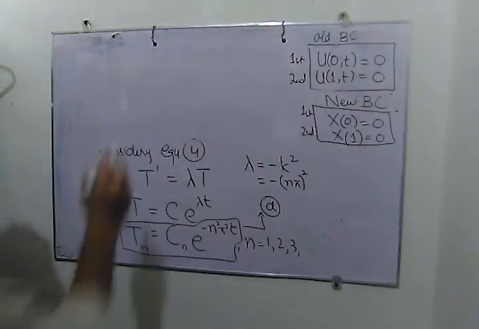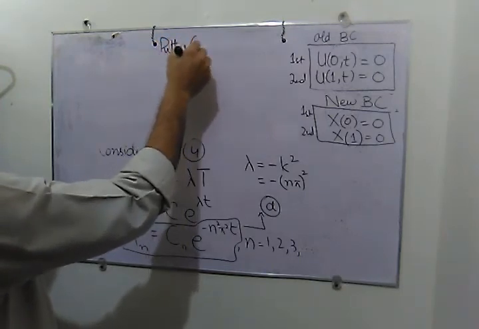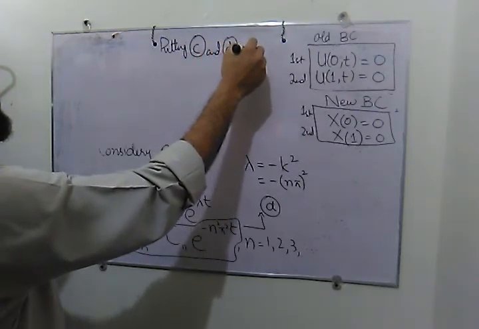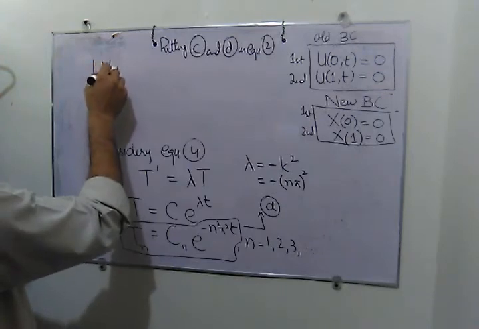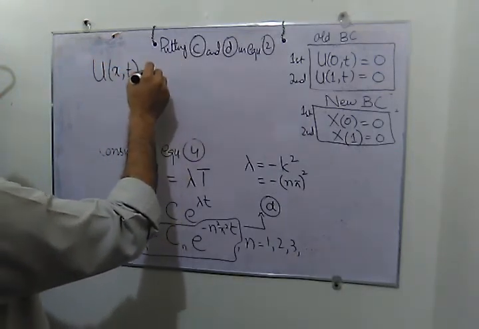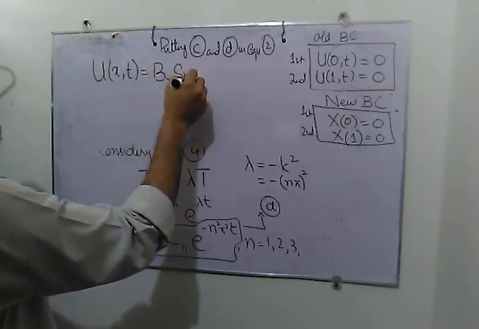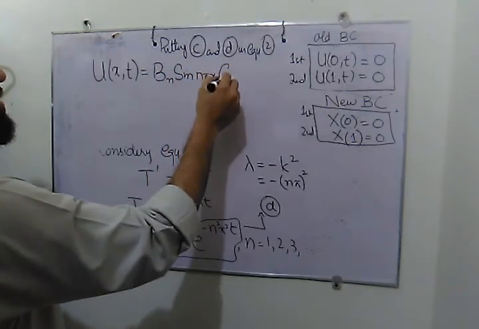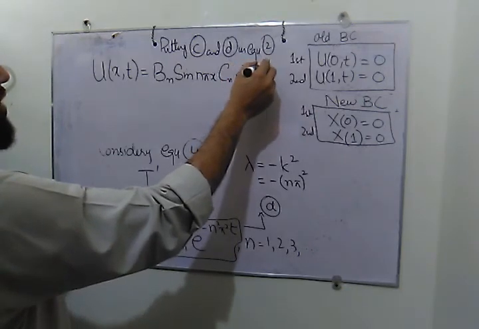So putting C and D in equation 2, we get u(x,t) is equal to bn sine n pi x cn exponential minus n square pi square t.